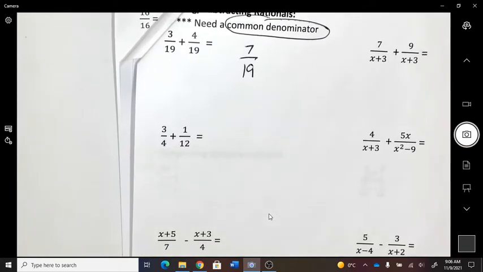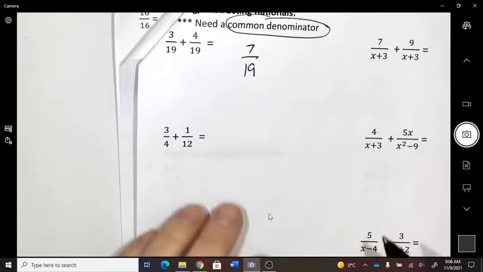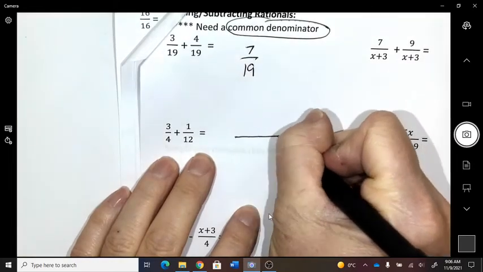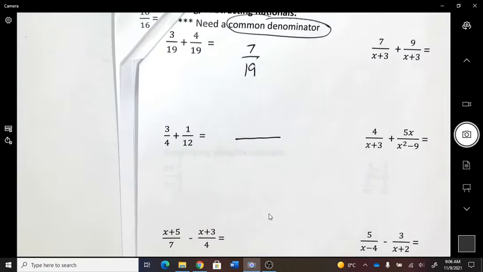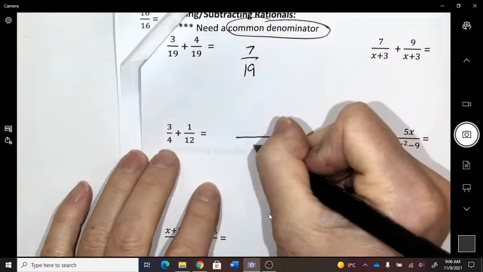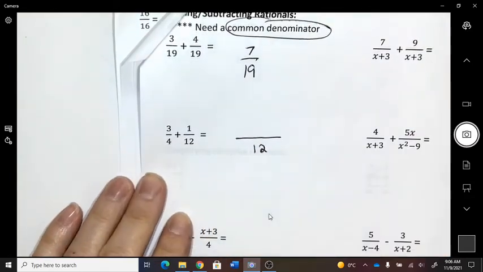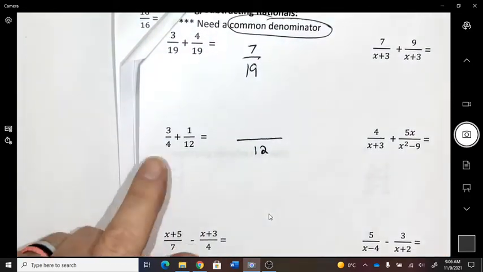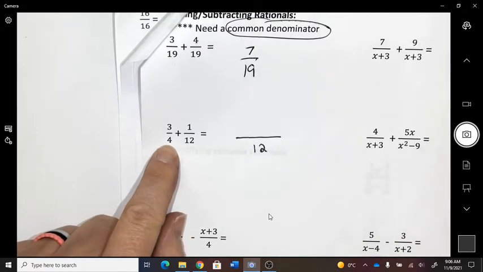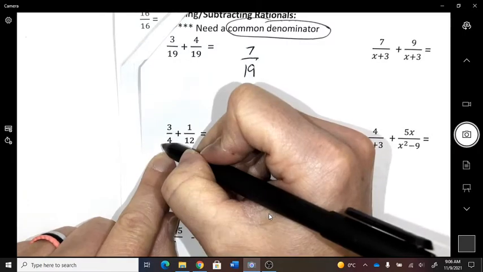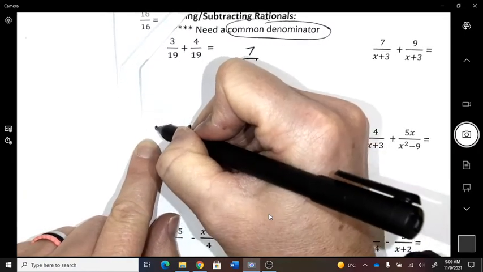Okay, now this one, what am I going to pick on the bottom? What's the biggest number I'm going to go with? 12. Okay, so what will I have to do to the 4? I would have to multiply it by 3.